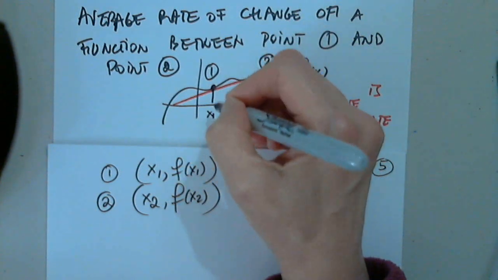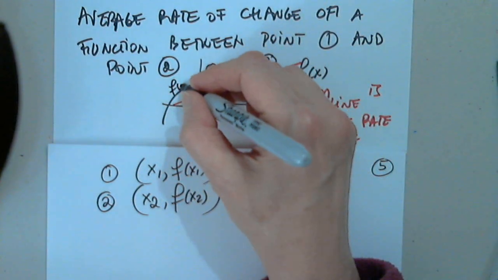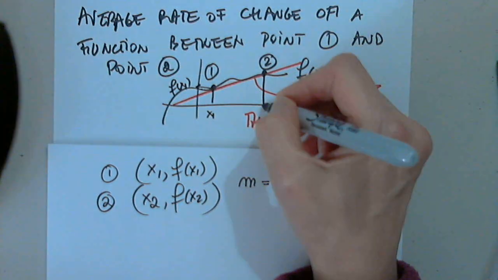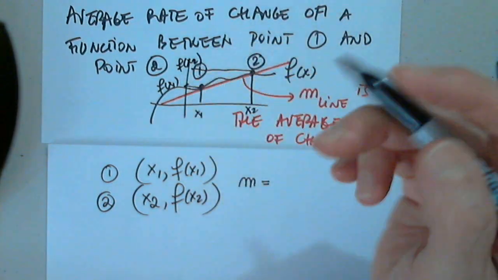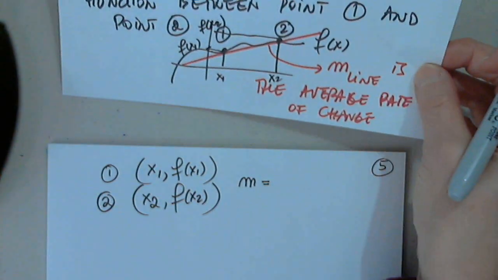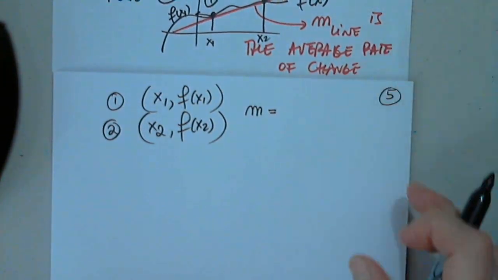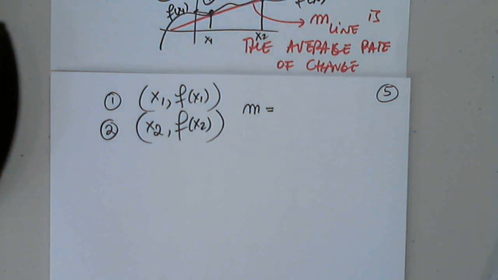This is x1, and of course this is f of x1, and this is x2, and this is f of x2. Can anyone refresh our memory on how to determine the slope of a line passing through the 2 points?